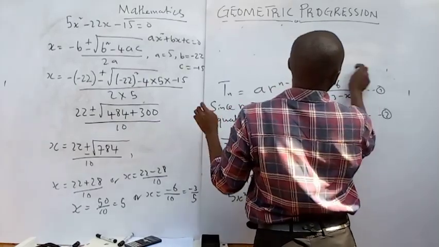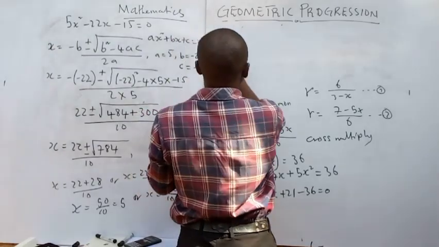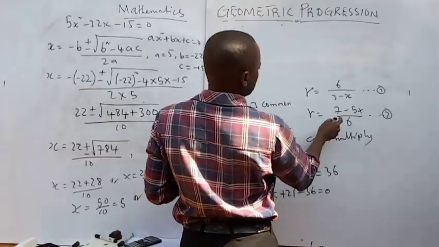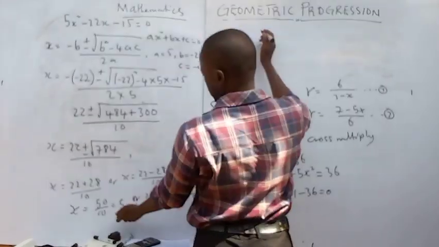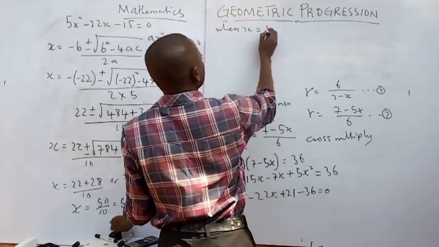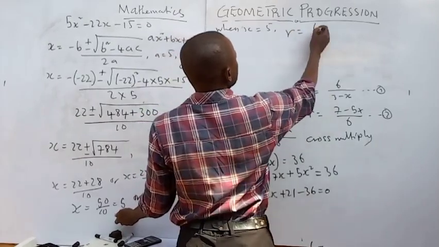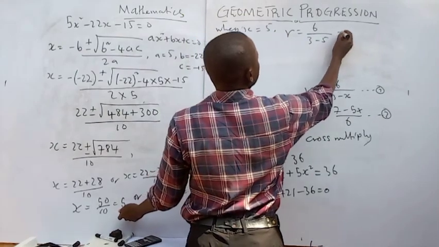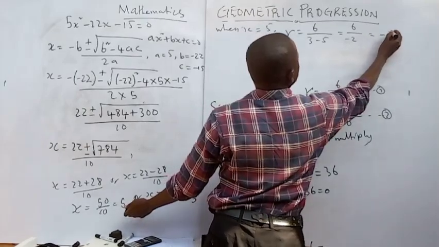Okay, an r that is greater than 0. So let's test what we have here for r. R is either this or this, but we're looking for the one that will be greater than 0. So when x is 5, we check r being 6 over 3 minus 5, and that will give us 6 over minus 2, which is minus 3.